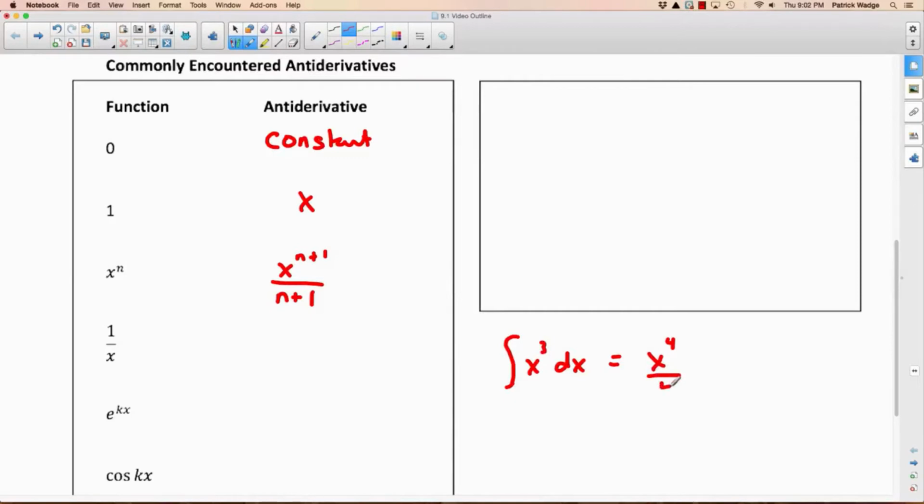I divide by 4. So is that correct? Well, let's think about this for a second. Let's go the opposite way now. If we were taking the derivative of this, what would you do? You'd move the 4 down. The 4 would now become a 3, and it would still be, of course, over 4. Hey, wait a minute, those would cancel, you'd have x cubed. It worked. So this will always work, this formula that we have right here.